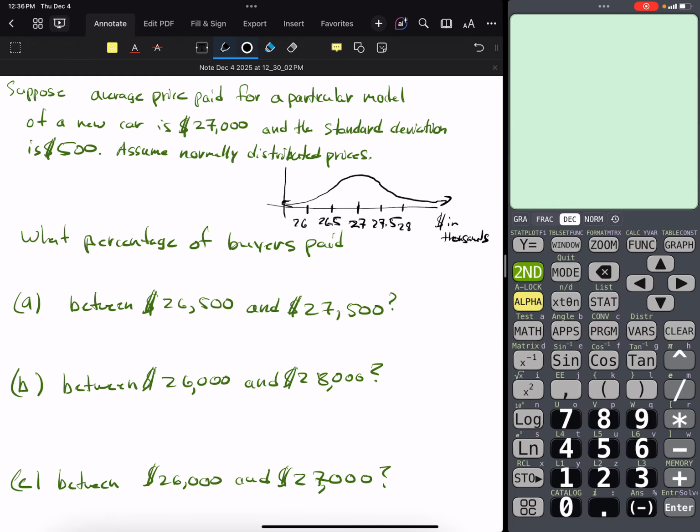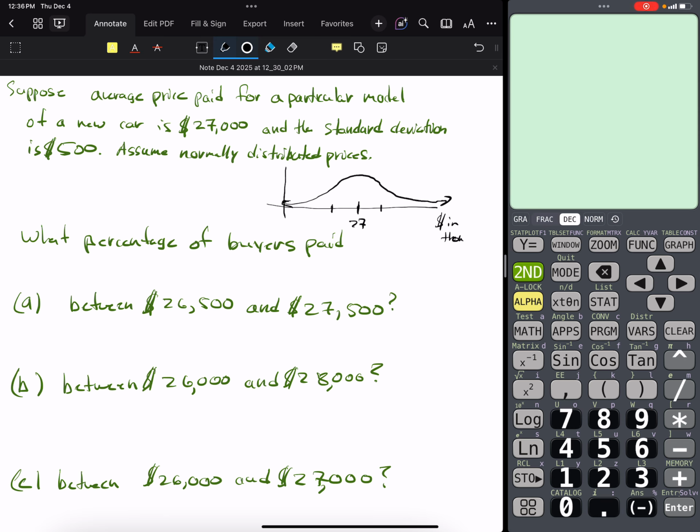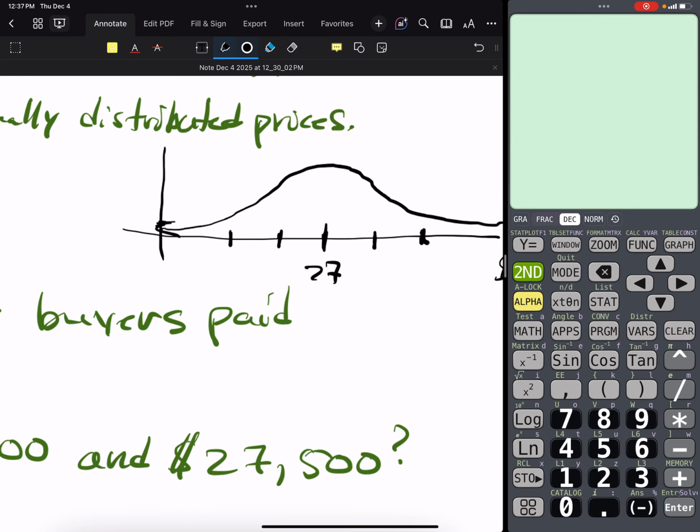My spacing's a little bit off here. I want to make this a little bit more accurate as far as where my tick marks belong, so I'm going to zoom in so that I can write a little bit smaller.